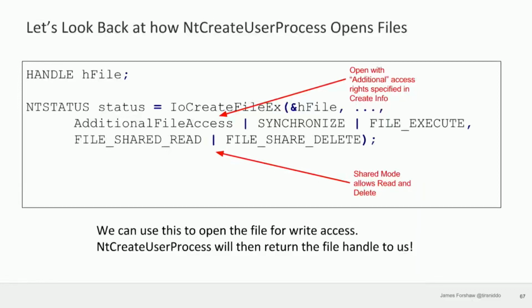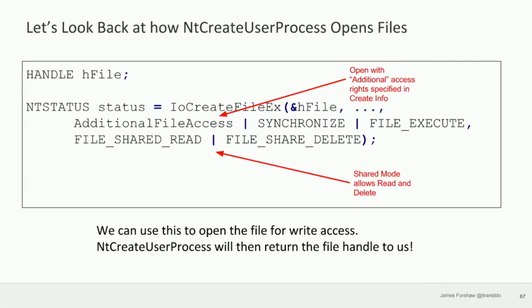But if we go back to how create user process opens files, we'll notice something interesting. When you create a user process, and this is because this was the behavior of create process originally, when it's all done in user mode, it allows you to open a file with additional file access. You can specify, I want to open it with these certain access rights.